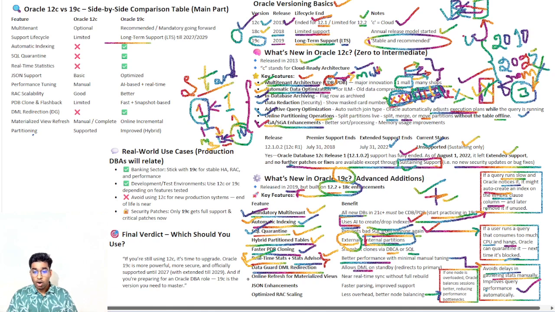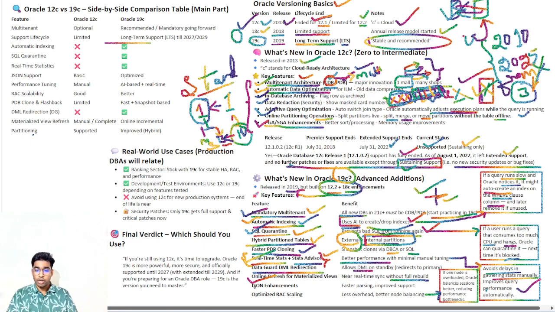Okay, next, online refresh for materialized views. Real-time sync means whatever materialized views we refresh will be synced in real time, without the need for a full rebuild. In real time itself, whatever refreshes are completed will be in sync.